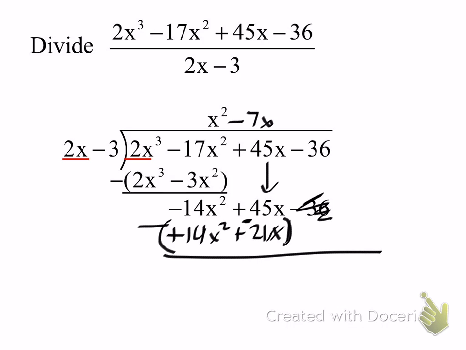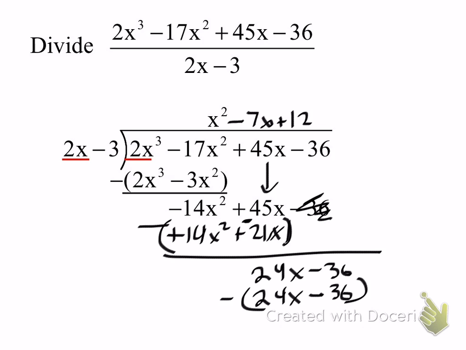So we are left with 24x minus 36. My final term is a plus 12 times 2x is plus 24x, sorry. 24x minus 36, but we subtract the whole thing, so it makes it negative and positive, and we end up with 0.